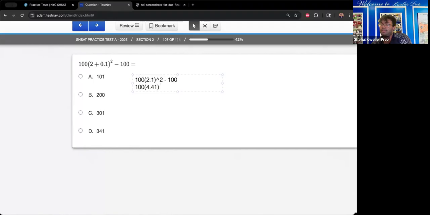I'm gonna double check. Okay, it is. This one you can just do the long math, like 2.1 times 2.1, you'll get 4.41, minus 100. 100 times 4.41 is 441, minus 100 is 341. So the answer should just be D. Okay, so here you add, you square, and then you solve.